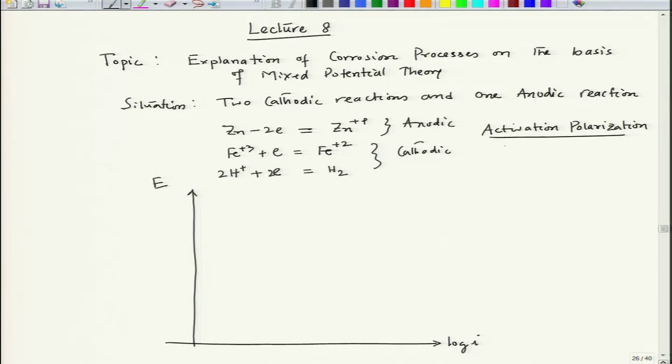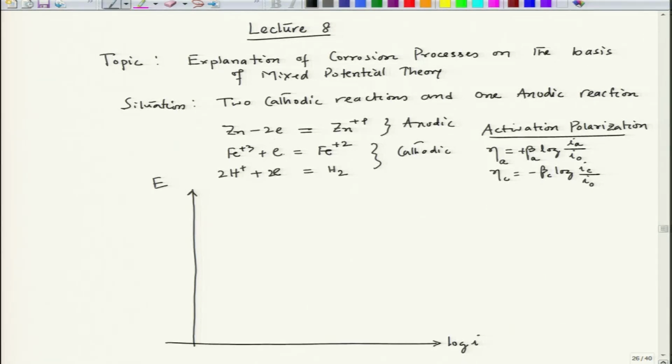Our general equation for overvoltage is equal to the Tafel slope times log I over I0. If it is anodic, there would be a positive beta A. If it is cathodic, negative beta C log I.